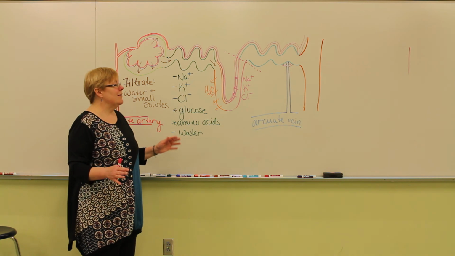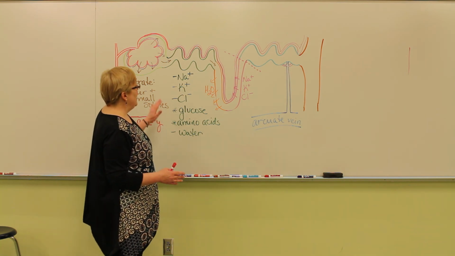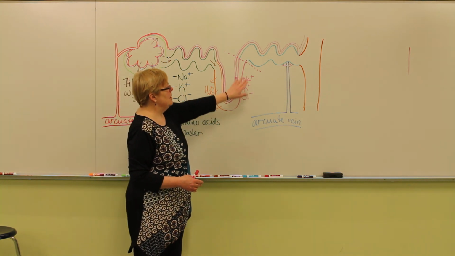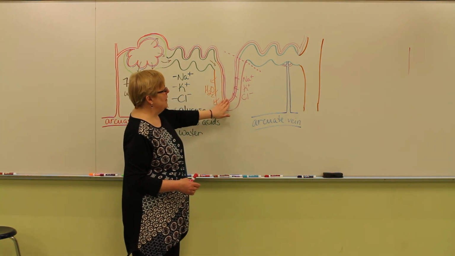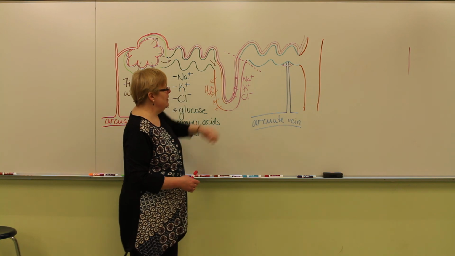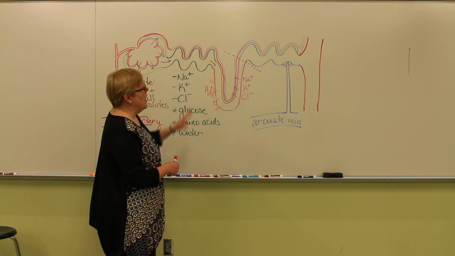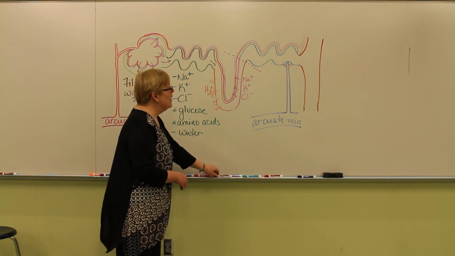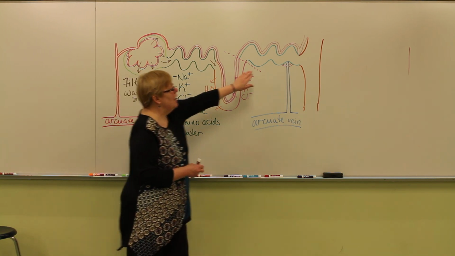As long as that's the situation, then the processing of the filtrate will be finished by the time the filtrate gets to the end of the nephron loop, and no filtrate processing will occur in either the distal convoluted tubule or the collecting duct.